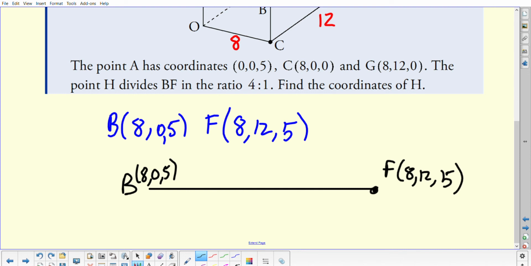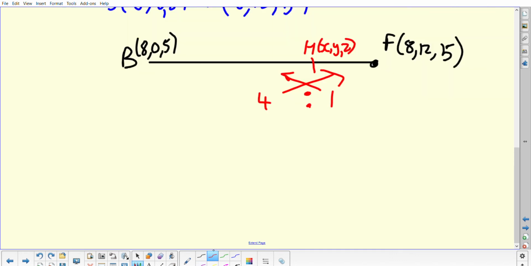and then we are trying to work out the coordinates of H, which splits up that diagram in the ratio of 4:1. So do your little cross, and you're going to be looking for X, Y and Z. So I'm going to use the section formula to do that.